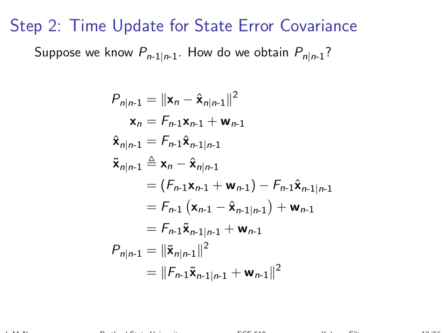So we can express the state error vector more compactly this way, and that enables us to write an expression for the state error covariance matrix that simplifies the math a little bit. So the state error covariance matrix, the thing we're trying to get to, is, again, the expected outer product of the state error vector, the predicted state error vector, and now we've got a more compact representation of what that is.